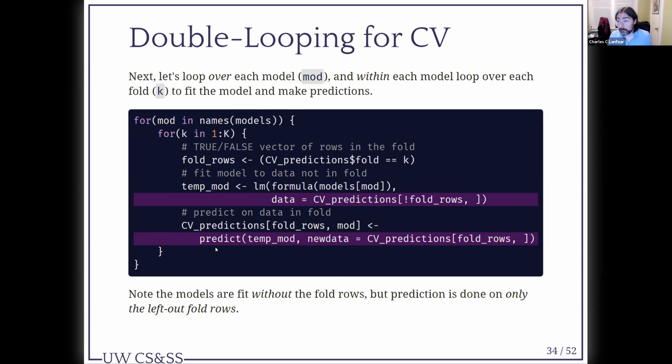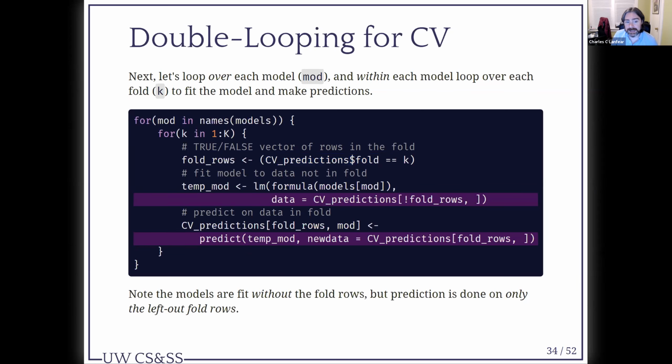So if you imagine the very first iteration of this entire thing, k is going to be the number 1, and mod is going to be intercept only. So the code that's actually running is: the fold rows are equal to CV predictions $fold equals 1. This is a logical vector that's going to be equal to true whenever the fold is fold 1.